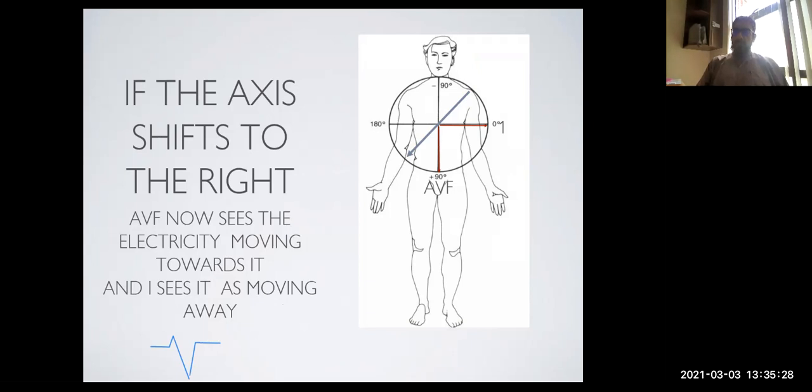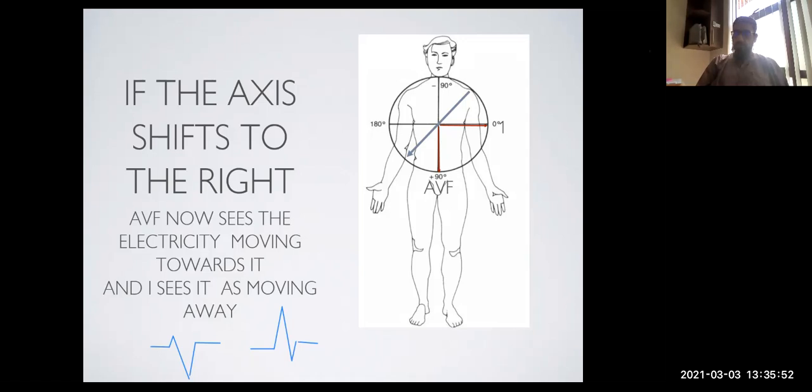And what is lead AVF seeing? Lead AVF is sitting over here, and lead AVF sees a whole lot of electricity coming towards him or her, right? A whole lot of electricity coming towards, and then right towards the end, it just sort of slips behind. So in a right-sided deflection, lead AVF is seeing more of a positive deflection, and lead 1 is seeing more of a negative deflection.